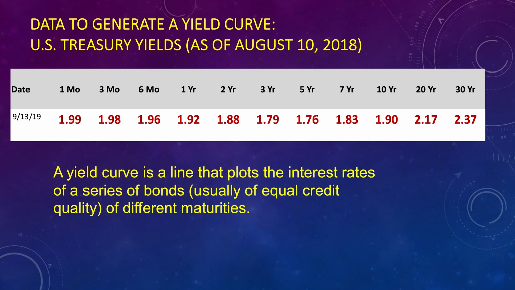Here's as of August 10th of 2020, when interest rates were higher than they are today, and we see a positive yield curve except right here. We actually had a higher 1-year rate than we had than the 10-year rate.